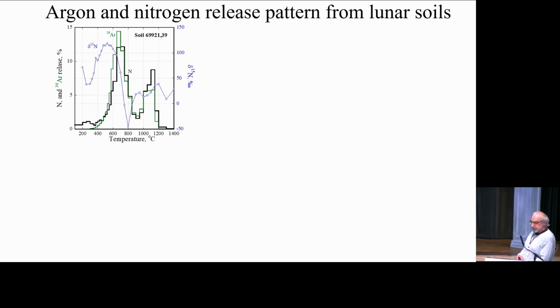So that's the result we recently obtained for one of the Apollo samples. It is a very characteristic picture, and it was obtained before in a number of studies of lunar soils. It contains a lot of information, and I'm going to talk about it in detail.